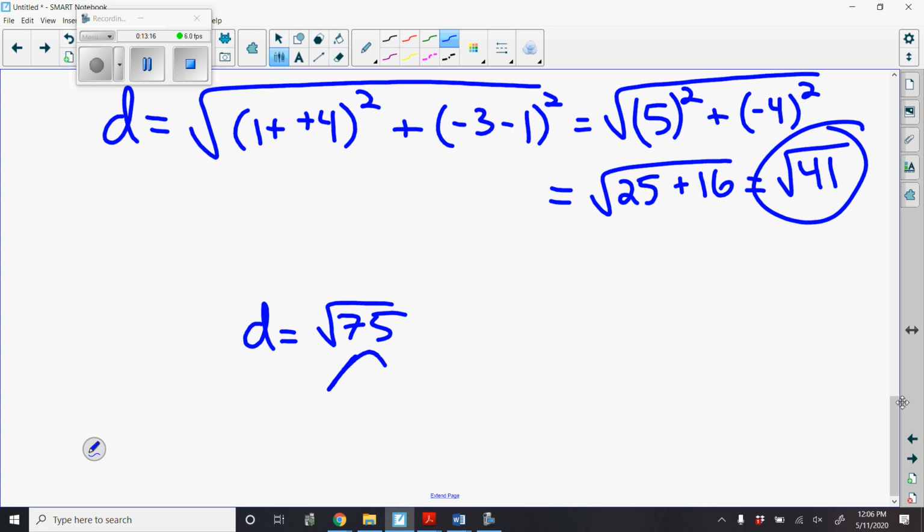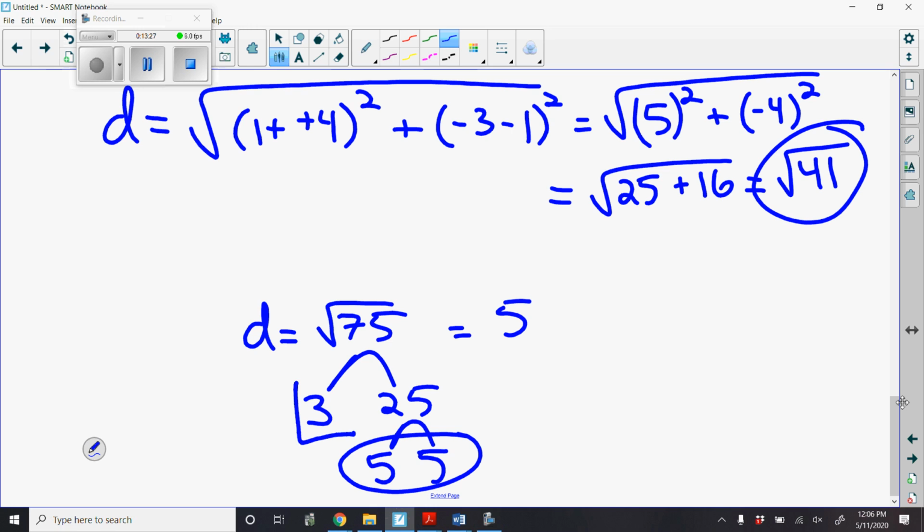Okay, this one would break down. I know it breaks into 3 and 25, and 5 and 5. Remember, the one I circle goes out front. Whatever's left goes on the inside. And so if you come across problems like that, make sure you simplify the square root.